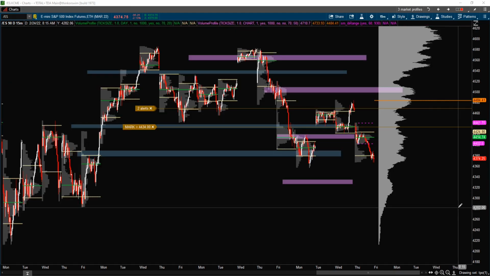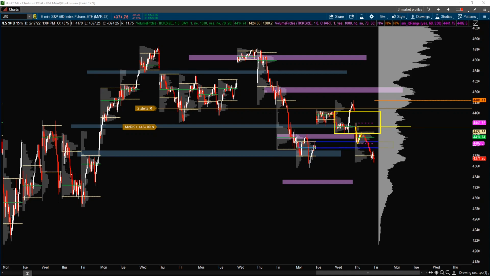Looking at the daily volume profile for the ES, here's yesterday's point of control and the value area. It opened near the point of control and then came down and tried to get back into the value area, and was unsuccessful. Then it came down to this value area instead.